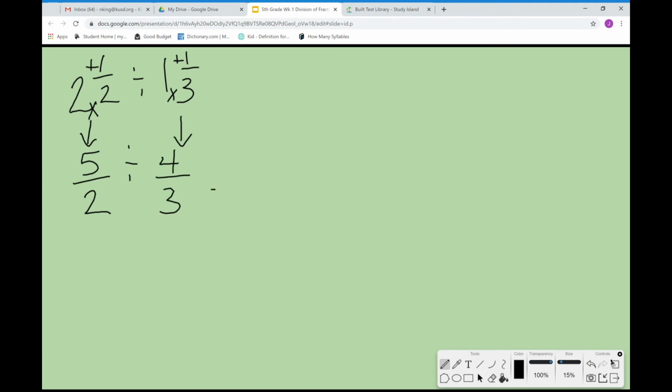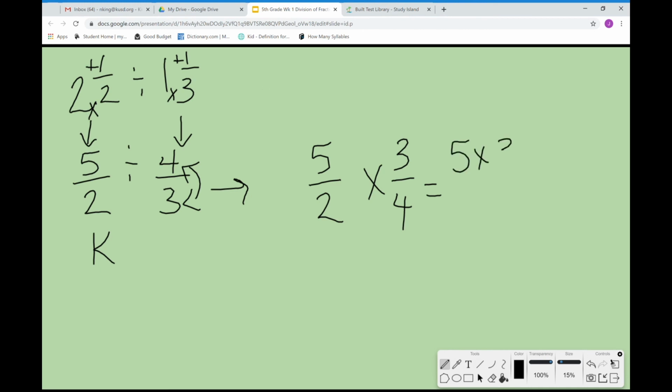Now we can do the division. Keep the 5/2, change to multiplication, and find the reciprocal of 4/3 by flipping it. We now have 5/2 times 3/4. So now we multiply. 5 times 3 equals 15, and 2 times 4 equals 8.